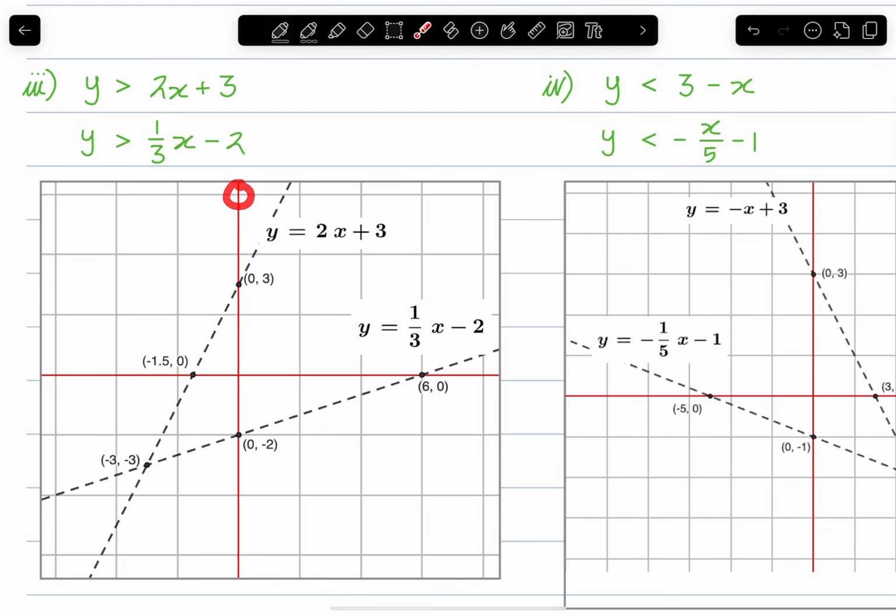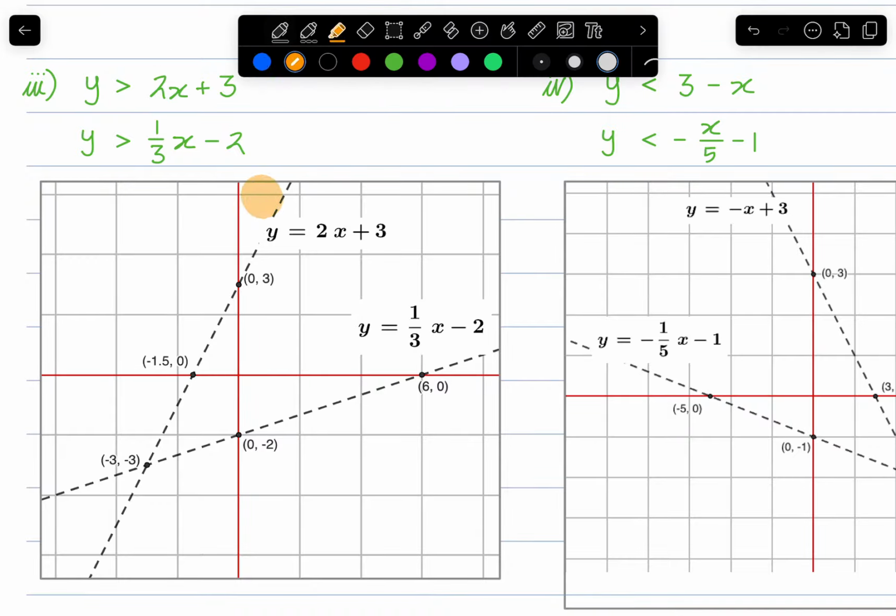The point that I pick, let's say this one, is the y value of this point above the line at this point? So in this case, because I picked this point, the y value is above the line at the same x value. So I am going to shade this region above that line. There we have it.